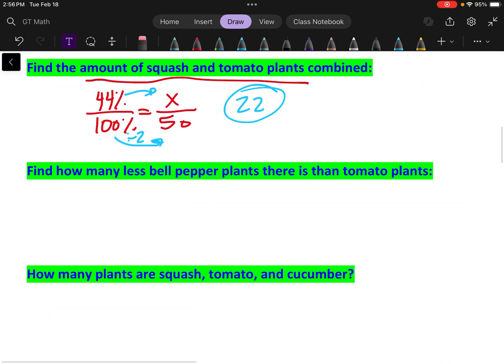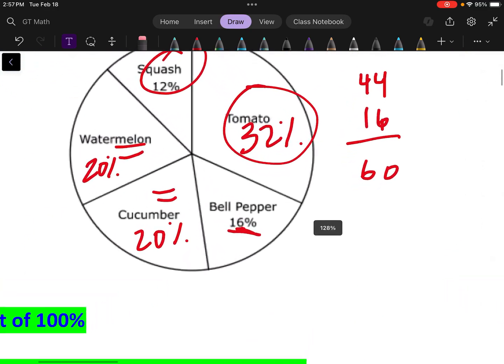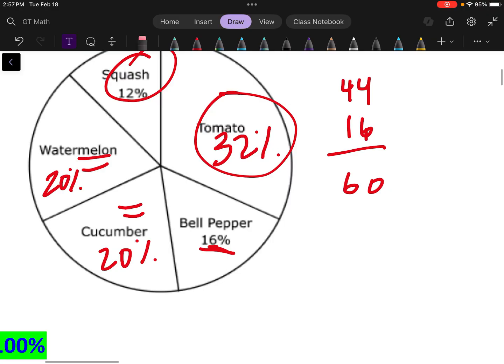Okay. Find how many less bell pepper plants there is than tomato. Okay, well, how much less there is. Now remember, I could set up two proportions. Find tomato, find pepper, subtract the two, or I could simply just subtract the percents, right? 32 minus 16 is 16.